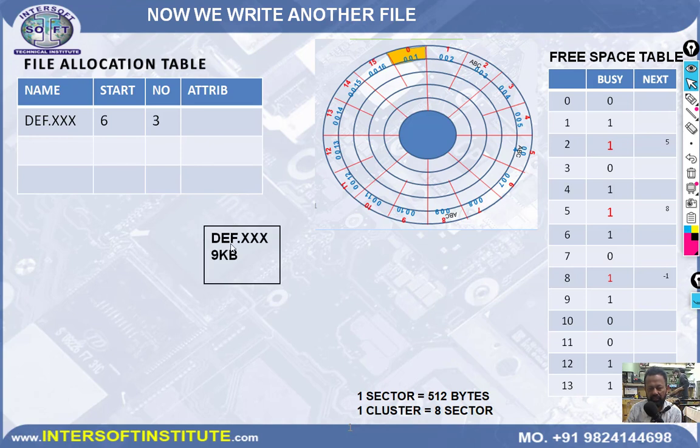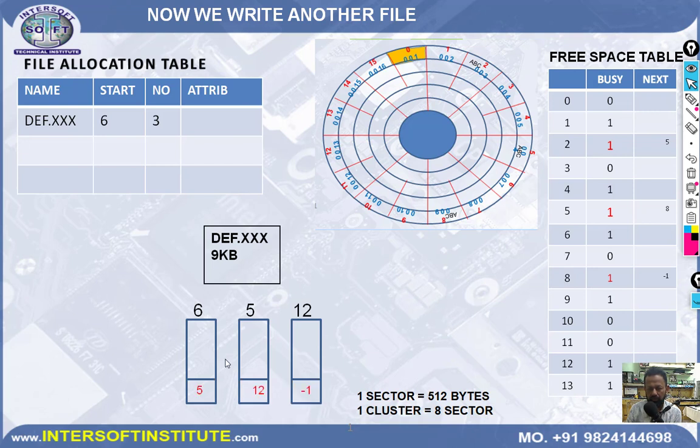So DEF is a 9 KB file, so it will occupy 3 clusters. He found 6 is okay, then he takes 6. Then he found 5 is also empty, then he will take 5, and the next portion he has taken 12.